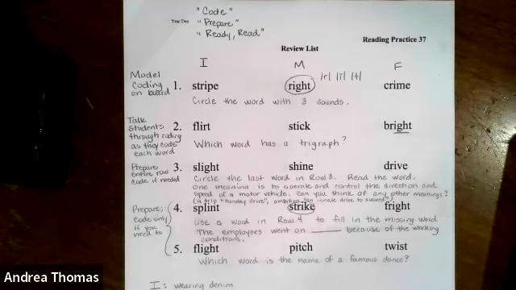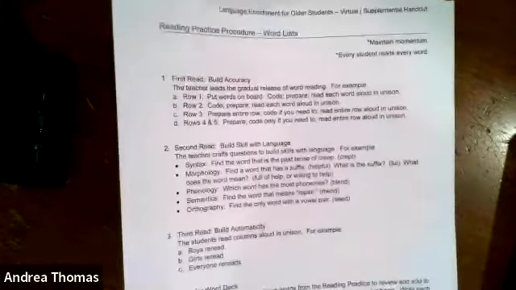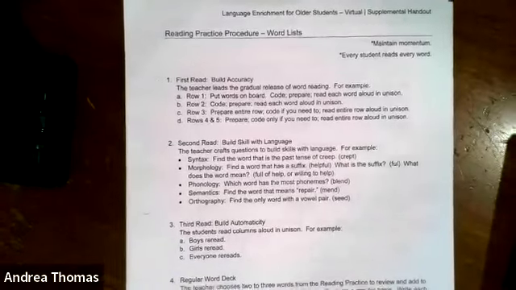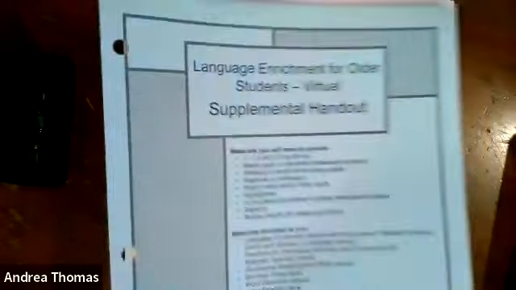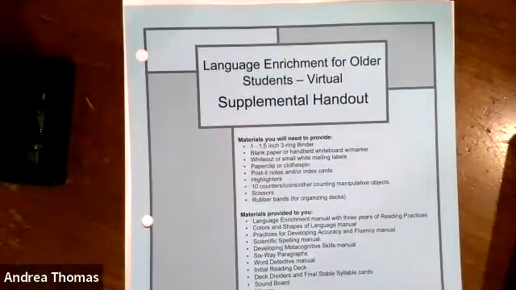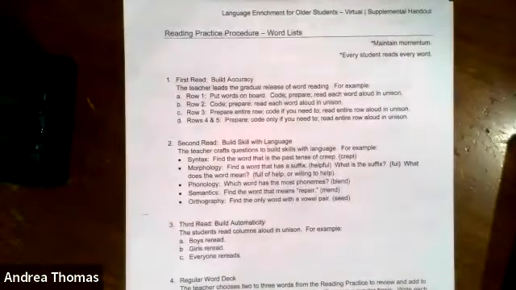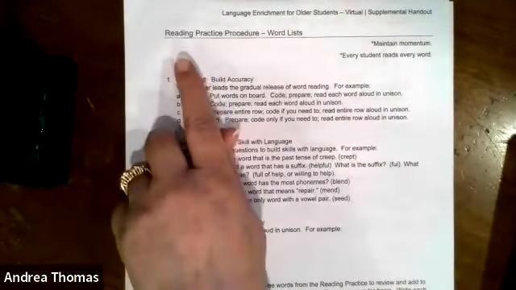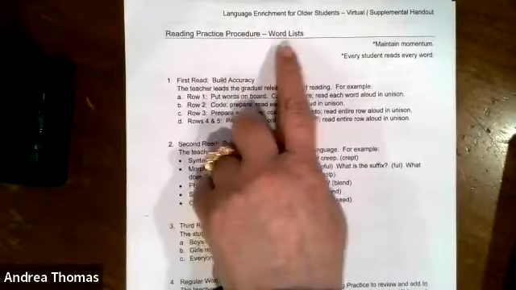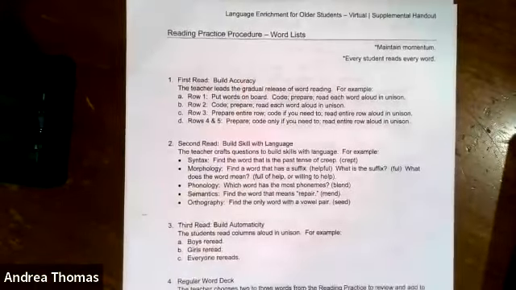Another fantastic resource that you could look at came in your virtual supplemental handout with the blue cover, and that is page 15, and the title is Reading Practice Procedure Word Lists. And it states very clearly at the top, during a reading practice, you want to maintain momentum, and you do that with your planning and your pacing.